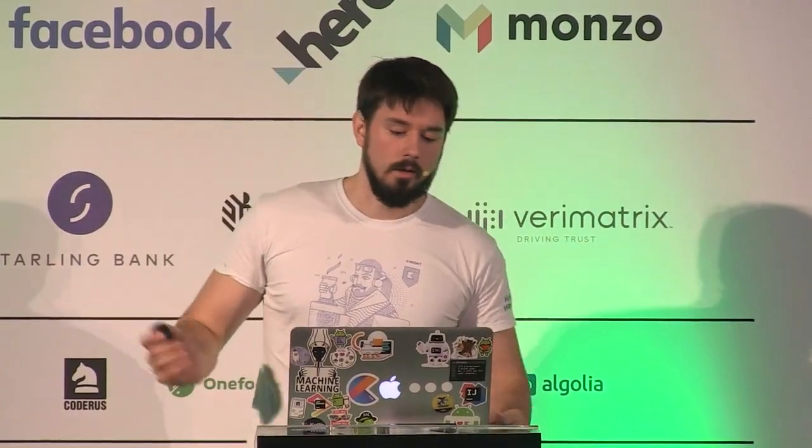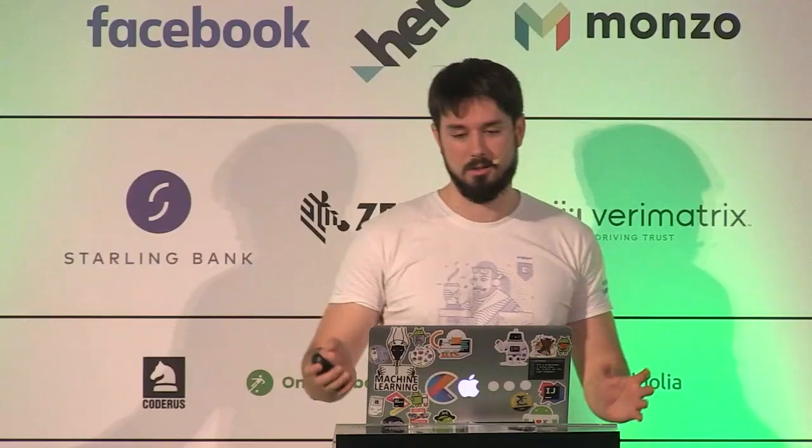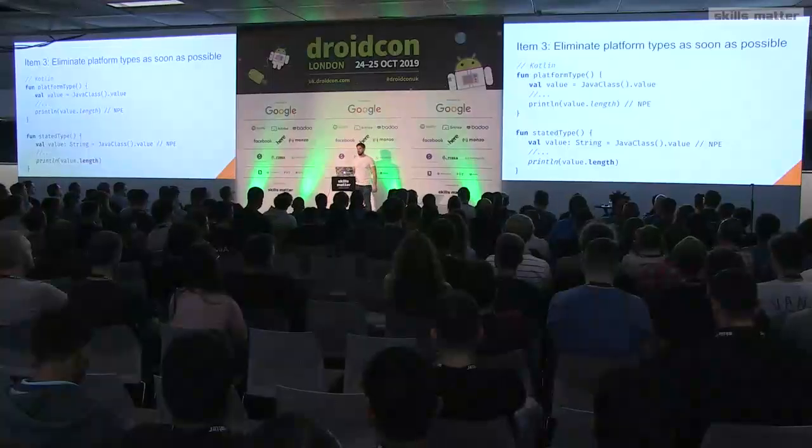When you eliminate platform type and you set type immediately, even if you are wrong, you also have null pointer exception. But it's clear where it comes from, and it's clear how we should fix that. And so my suggestion is to eliminate platform types as soon as possible. Do not infer them. Do not let them propagate.